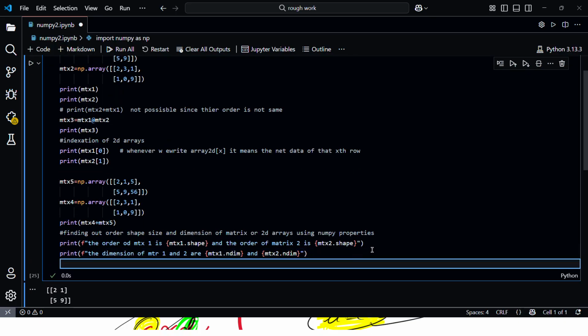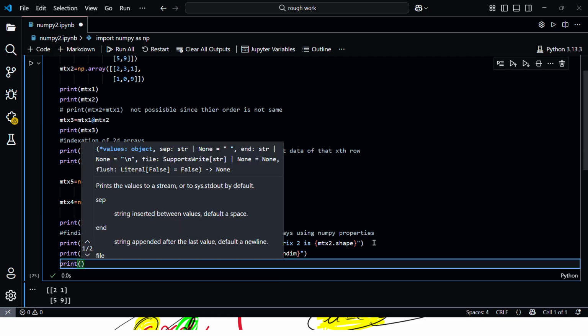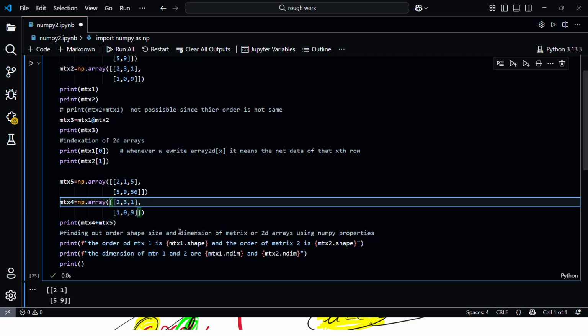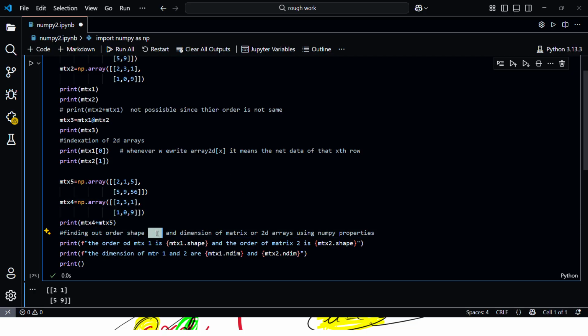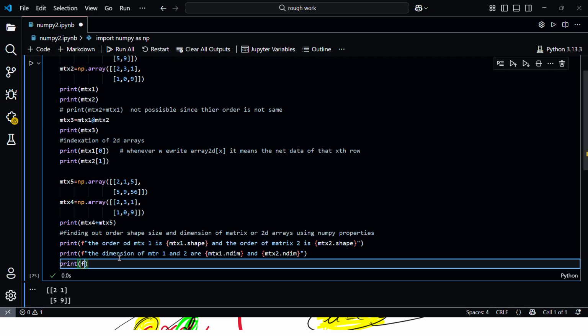Now the last thing is to find out the number of terms in the matrix. That is represented by the size of the matrix. Let's find it out.